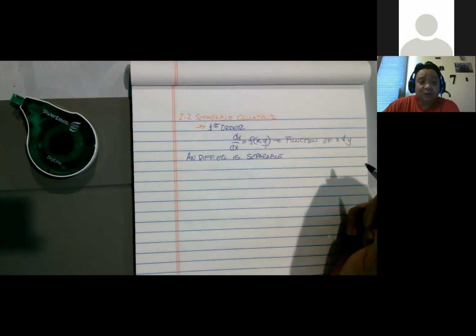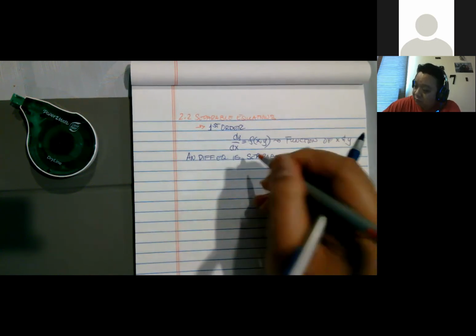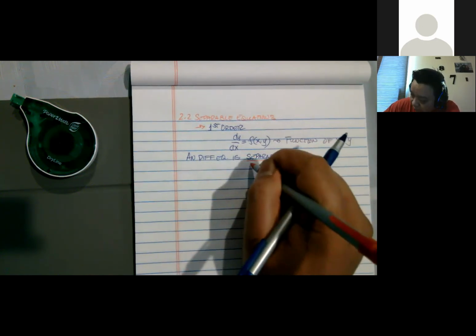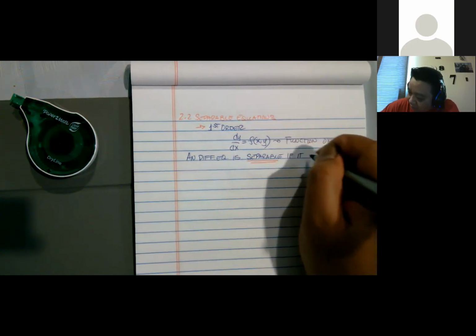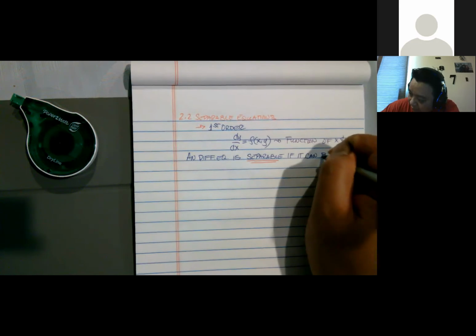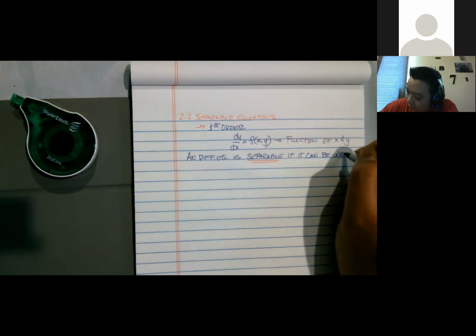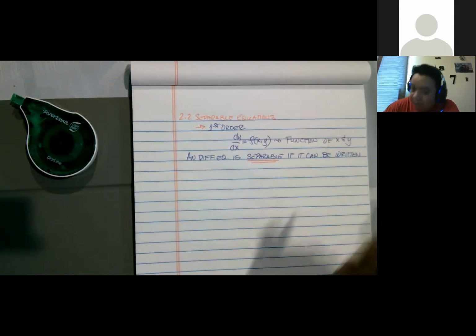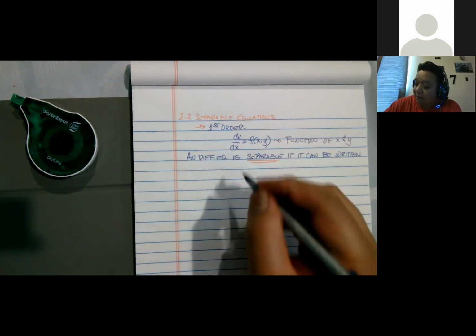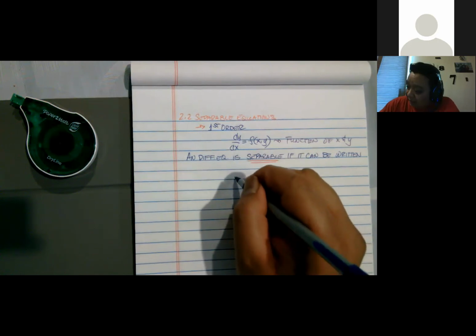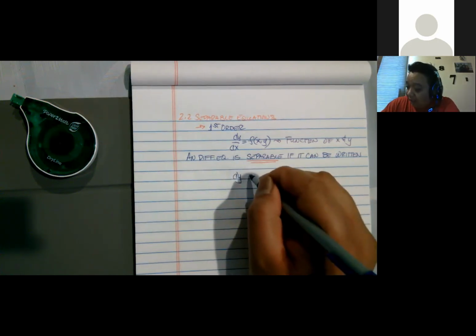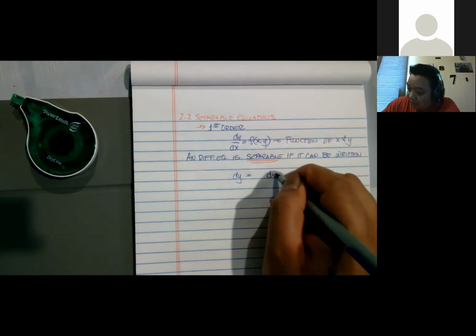So your differential equation is separable if it can be written in the form where you separate your x and your y. Basically your dy would be on the left, and then you have your dx on the right.